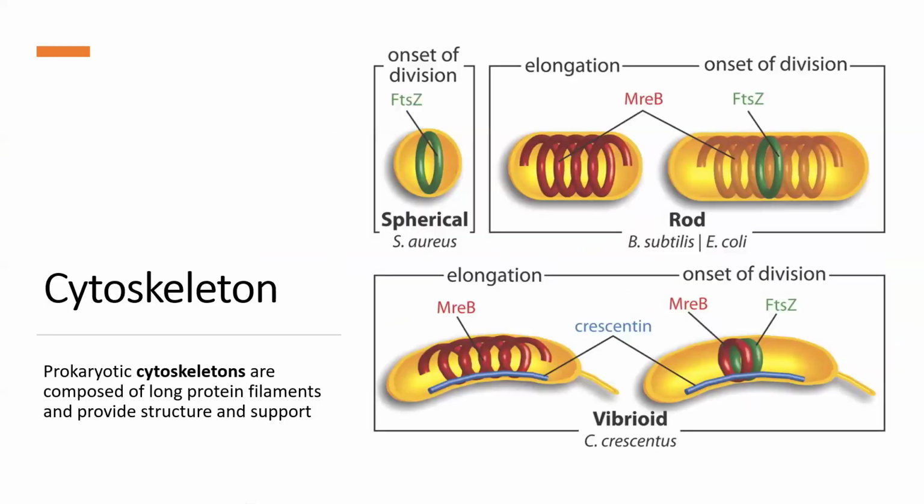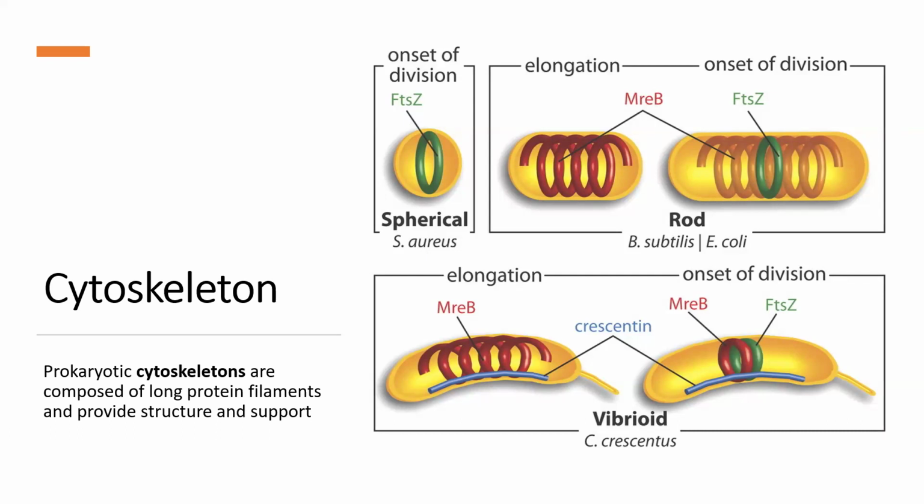There is a rudimentary cytoskeleton that you can find inside of bacterial cells, and it's going to have long protein filaments that help provide structure to the cell. They can also be important for determining cell shape.